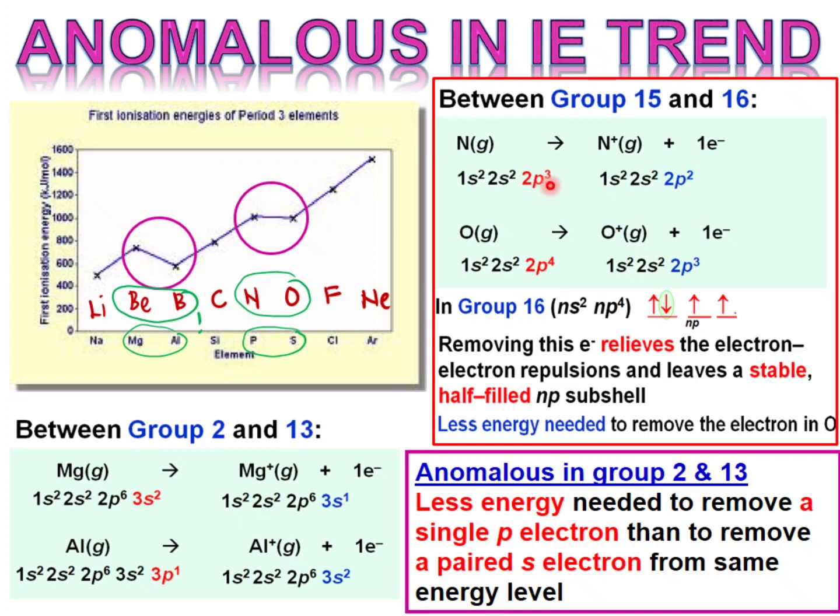So 2p3 jadi 2p2, 2p4 jadi 2p3. But ni reason dia, removing electron relieves the electron repulsion and leaves a stable half-filled 2p subshell in oxygen. So less energy needed to remove electron in oxygen.